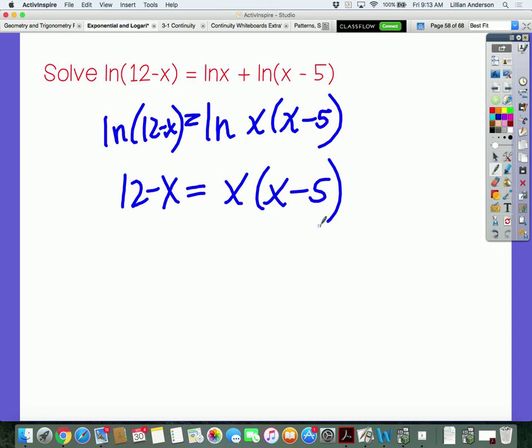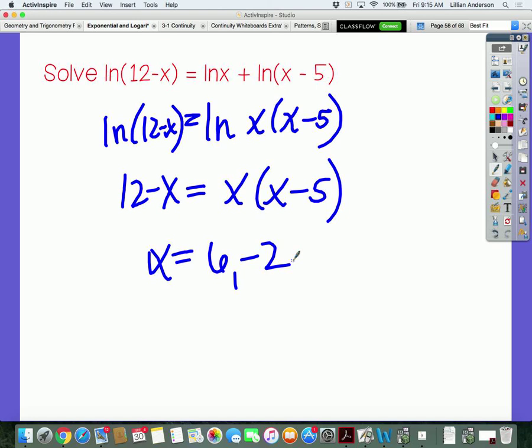I'll let you guys solve this out. So again, it's nothing but a quadratic that you can solve. Was it factorable? Yes. What were your two solutions once you factored and solved? And you should have plugged them into check. Did they both work? Careful.